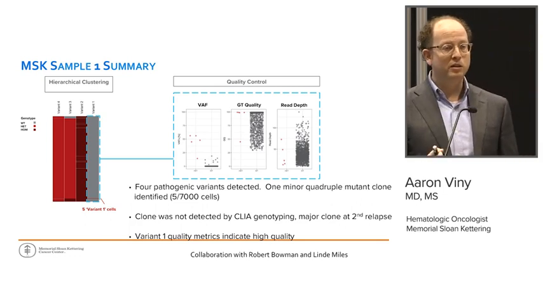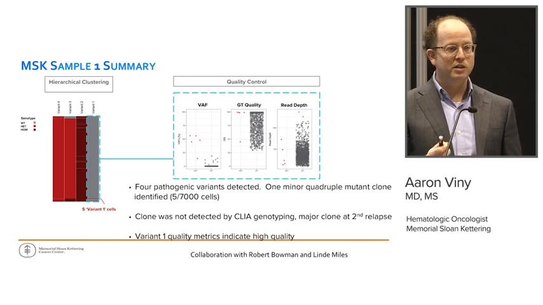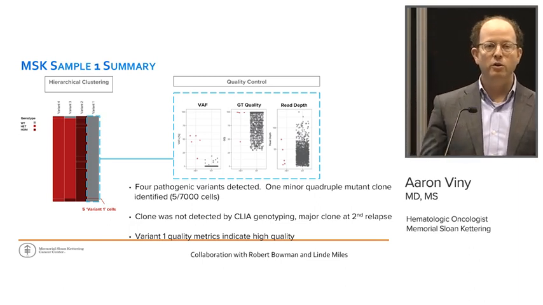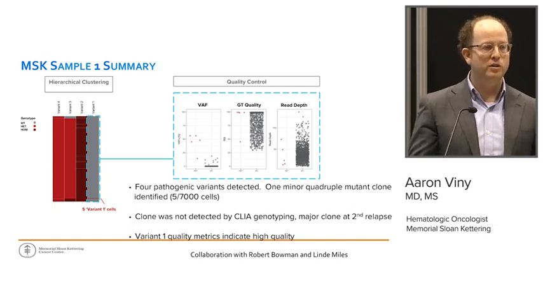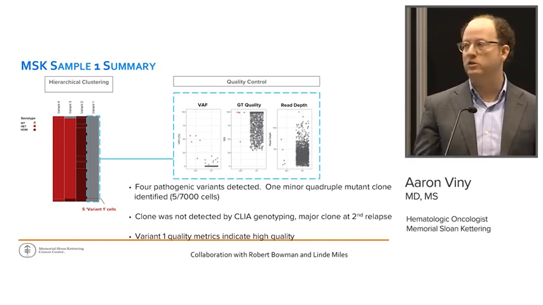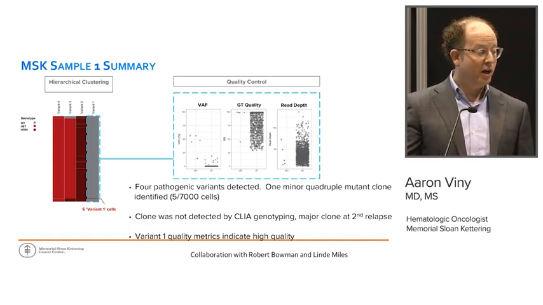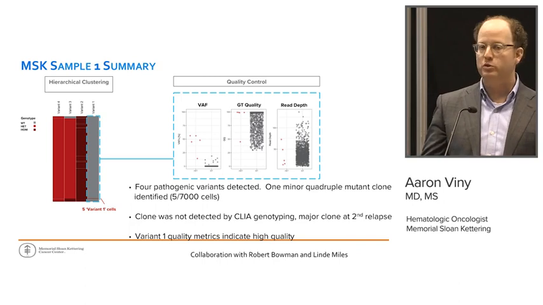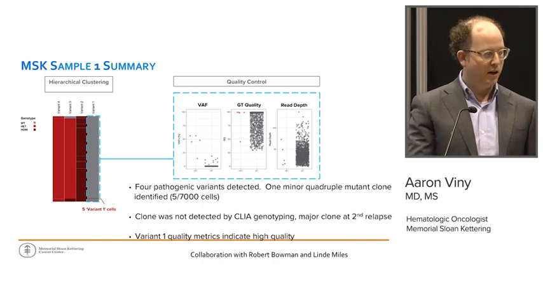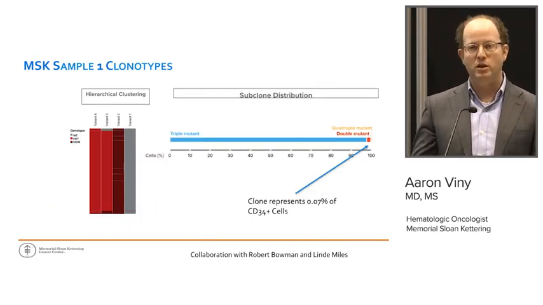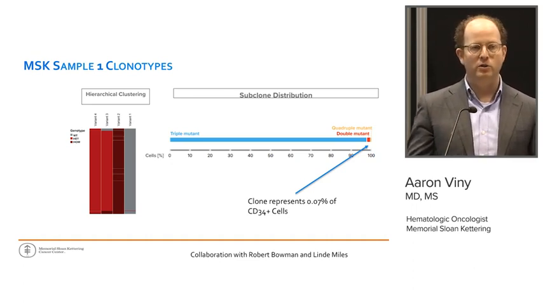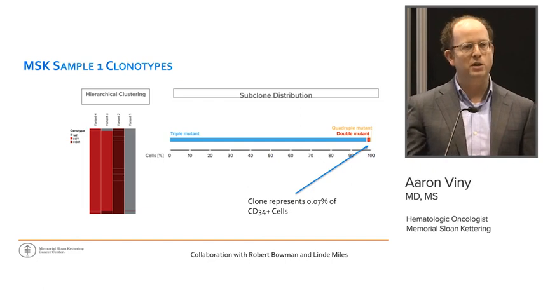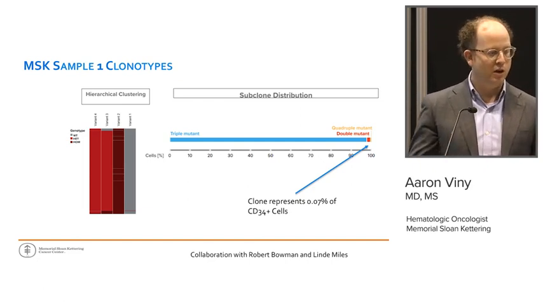So this is a clinically significant clone that, although it was thought to be eradicated by a CLIA assay, we just couldn't appreciate it because of the small size of the clone. At this patient's bone marrow in particular, we found that the dominant clones were these triple mutants that represented about 90% of the variant allele frequency, about 90% of the clonal architecture.